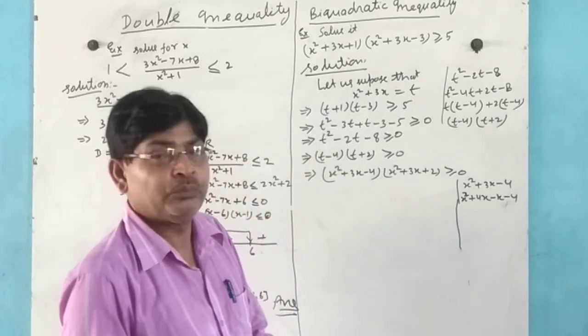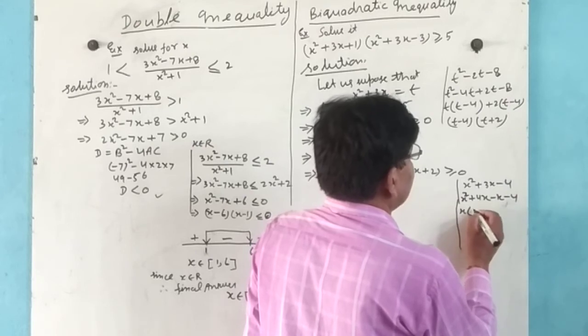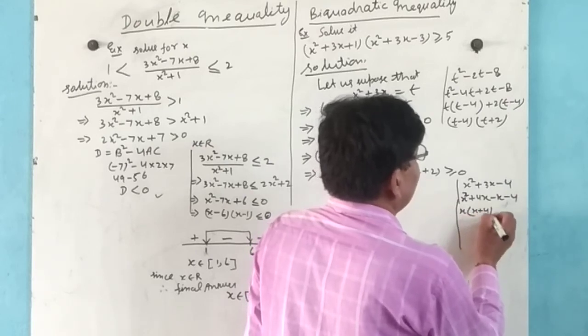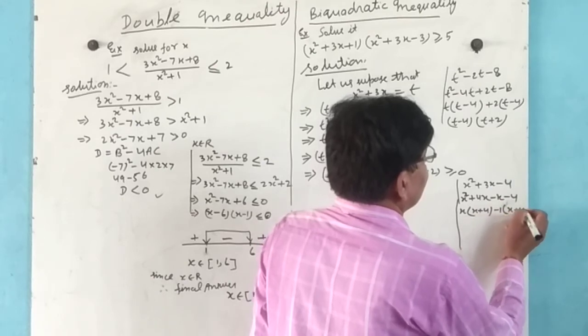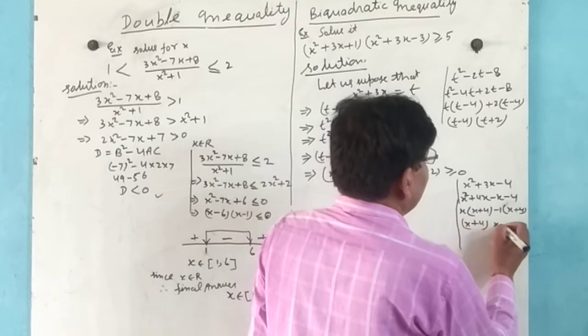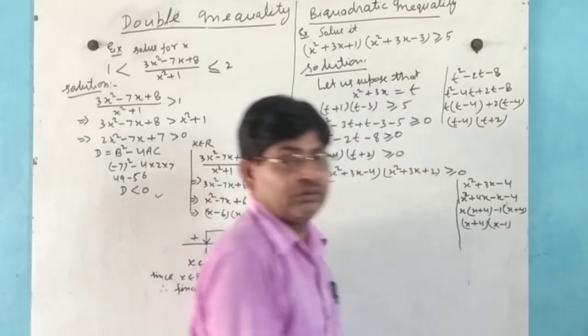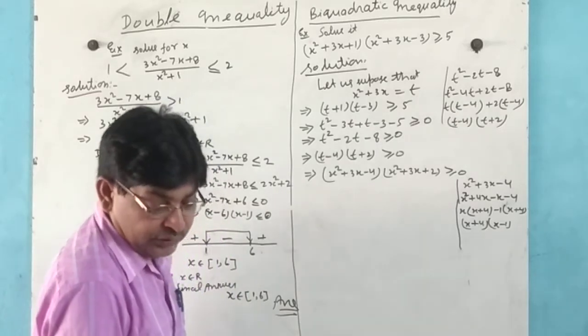Now we take common x here, x plus 4 and minus 1, that is x plus 4. Now x plus 4, here x minus 1, so x plus 4 and x minus 1.